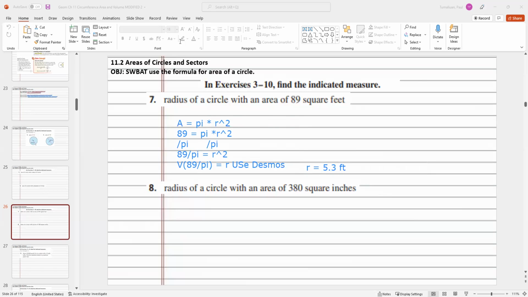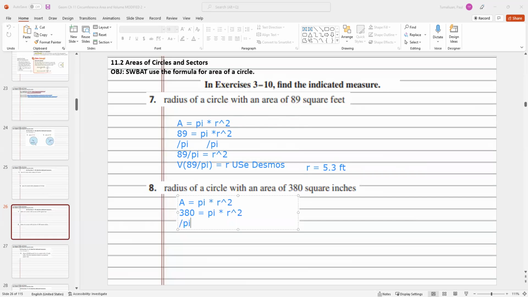And how many problems are there? My goodness. Radius of a circle with an area of 380 square inches. So this is the same thing. It gives the area again. Area equals pi r squared. Area is 380 equals pi times r squared.